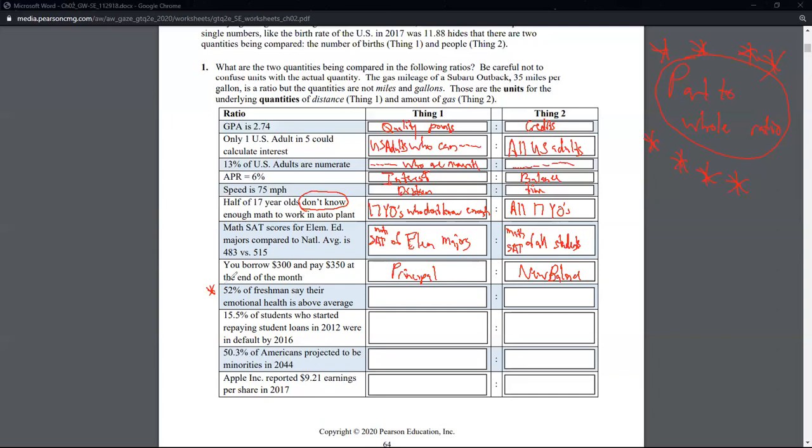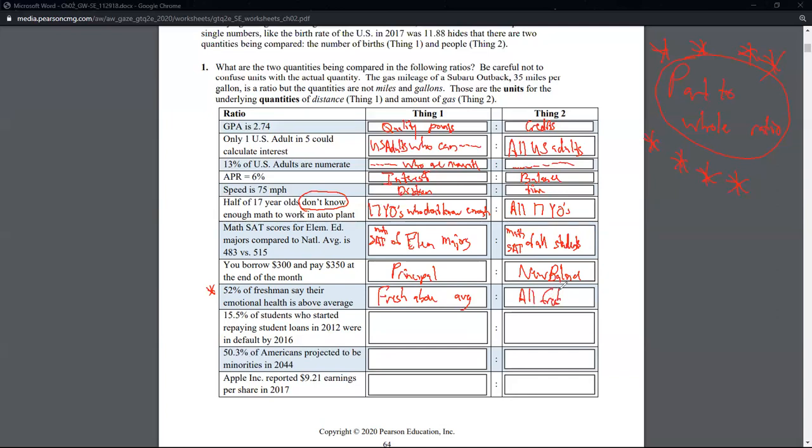52% of freshmen. So when we talk about a chunk of a population, this is another part to whole ratio. So we're looking at the thing they're talking about in comparison to the total population. So it's the freshmen that are above average. AVG is my abbreviation for average, in comparison to all freshmen.